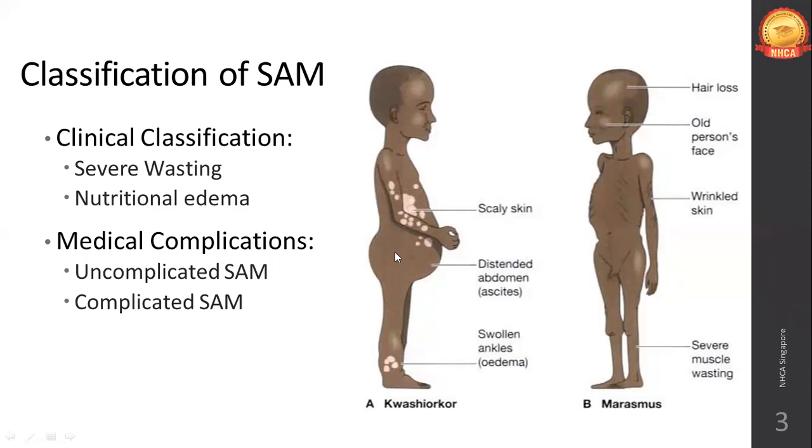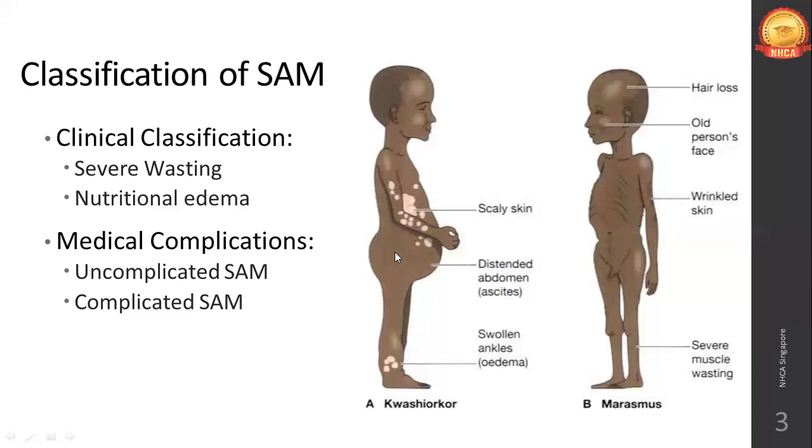But in complicated severe acute malnutrition, the child's life could be threatened by conditions like hypoglycemia and hypothermia. Glucose levels are too low, body temperature is too low, and that could be fatal as well. So in this complicated kind of malnourishment, you will require hospitalized care.